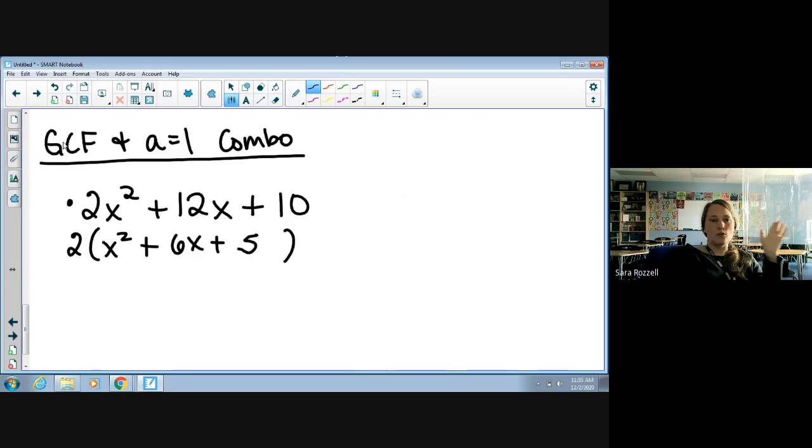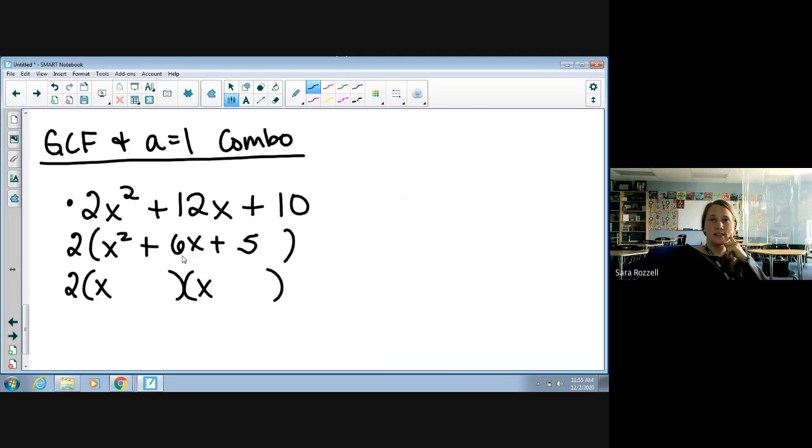Okay. So we did our GCF, we pulled that number out, and now we have a problem here that we can factor like we did at the top. What multiplies to 5 and adds to 6? So when you do those, you just bring down the number that you had, you just carry that down in the front with you. So what are our two numbers that multiply to 5? 5 and 1.